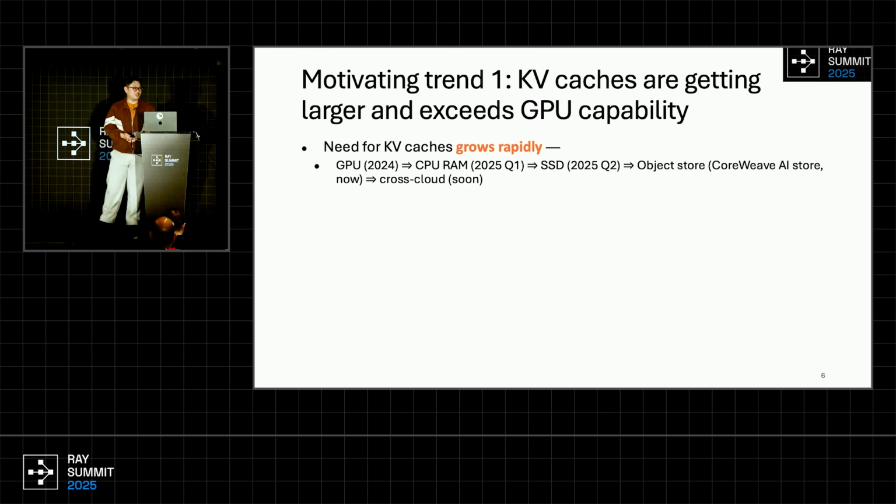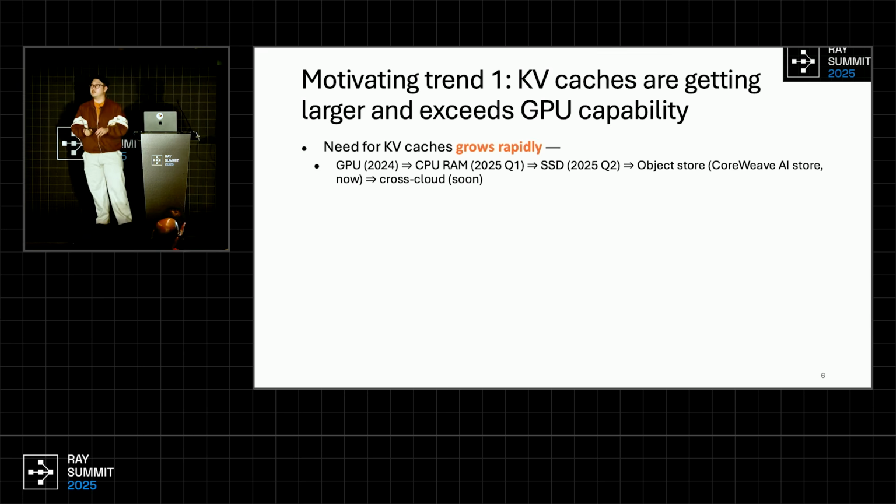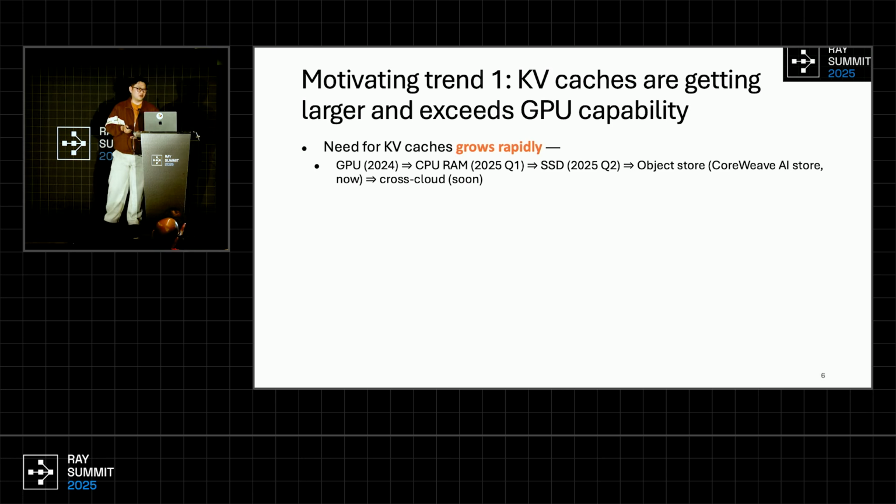The first motivating trend is that KV caches are getting larger and larger, and are exceeding GPU capacity. We found an underlying trend that KV caches are scaling pretty rapidly. In 2024, GPUs were typically enough for KV caches, but starting from Q1 this year, we started to see people requiring CPU RAM for KV caches, and in Q2, we started to see use cases where people use local SSDs for their KV caches.